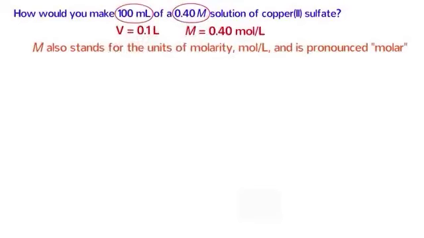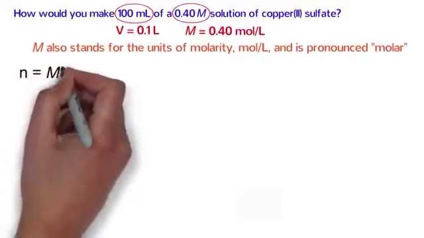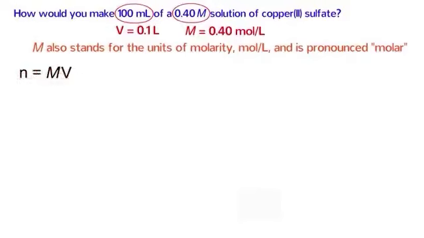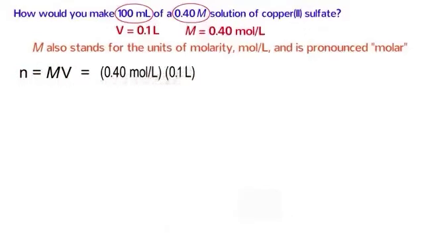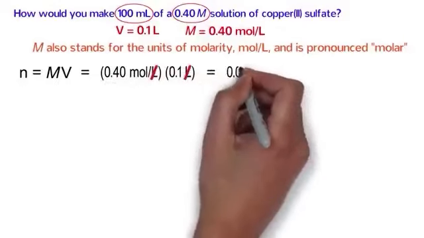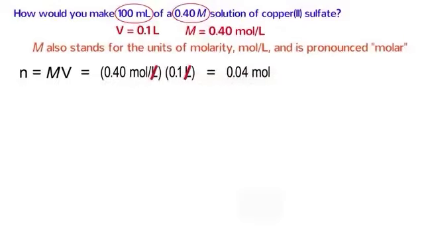Using our formula, N equals M times V, we substitute in and have 0.4 times 0.1, which gives the answer as 0.04 moles.